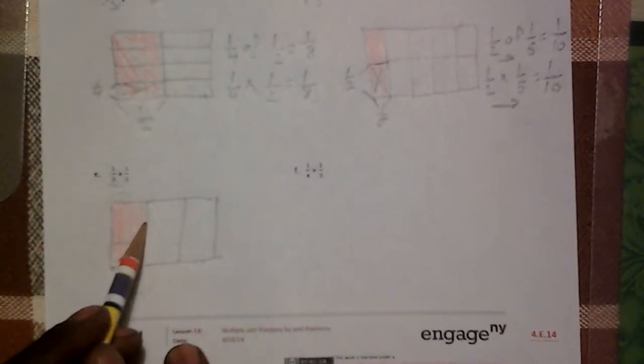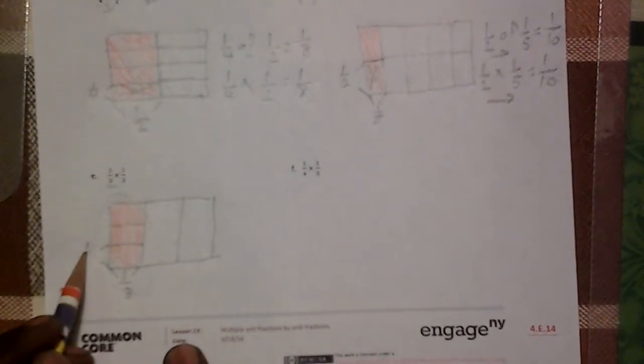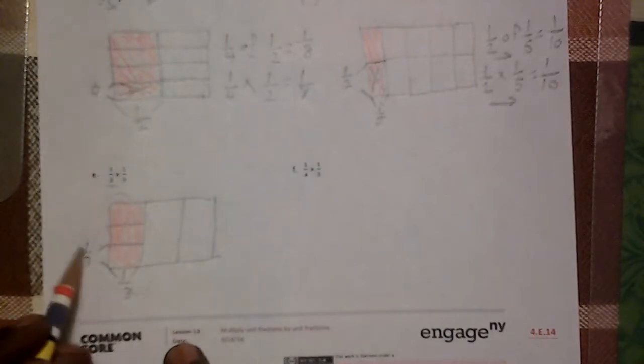Okay, very good. So now we need 1/3 of this 1/3. So how do we get that? So we have to cut this into how many pieces? 3 pieces. So we go 1, 2, 3. And we need 1 piece, so we label this 1/3 as well. Okay.